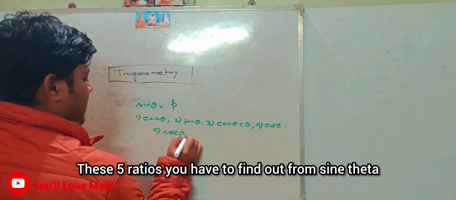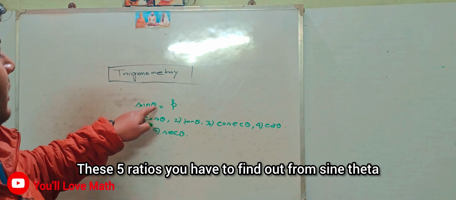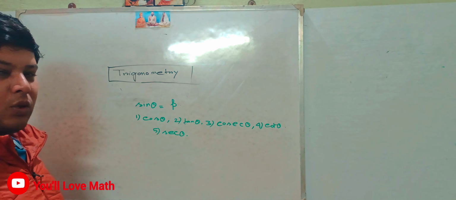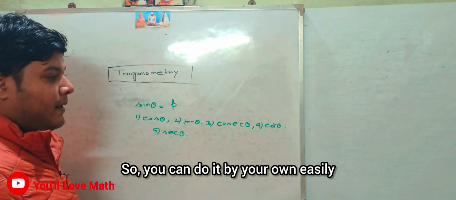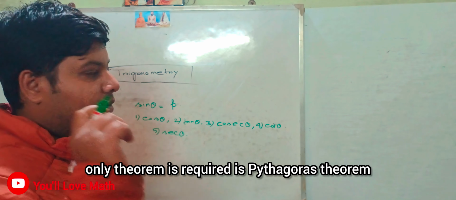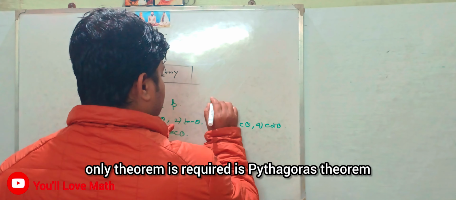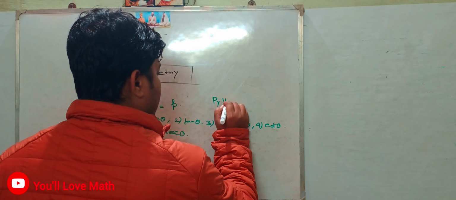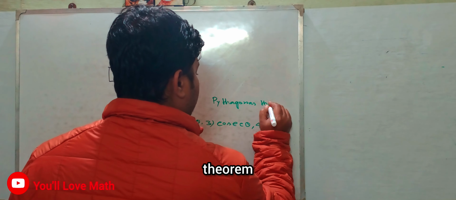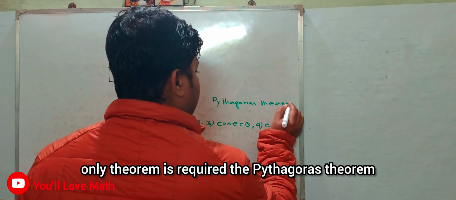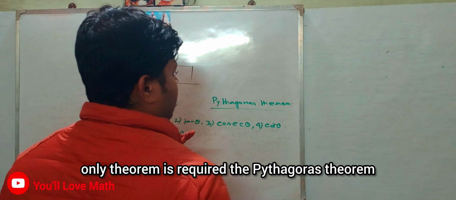These 5 ratios you have to find out from sin theta. So you can do it on your own easily. Only one theorem is required, the Pythagoras theorem.